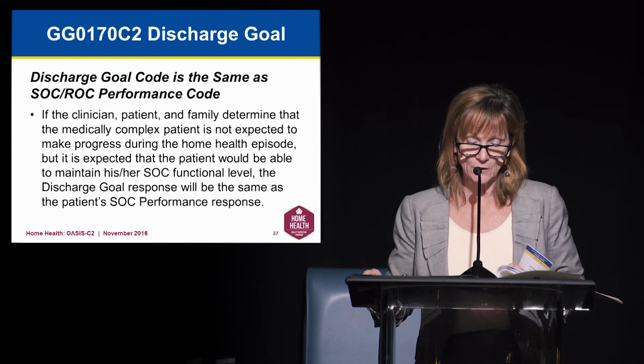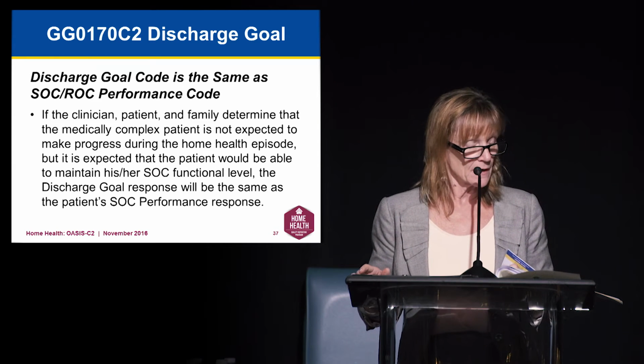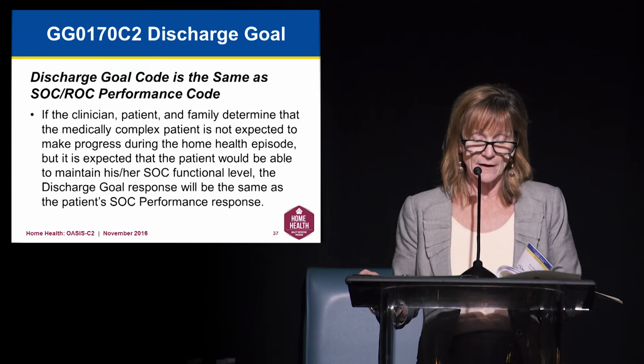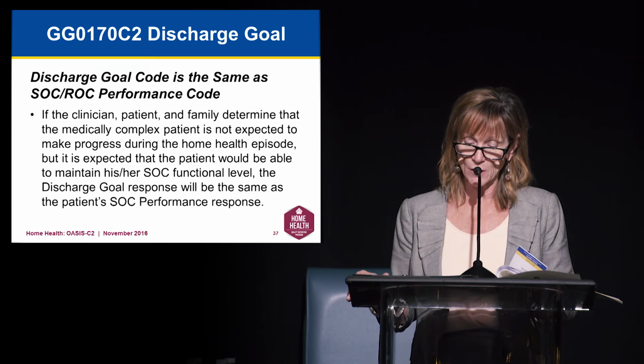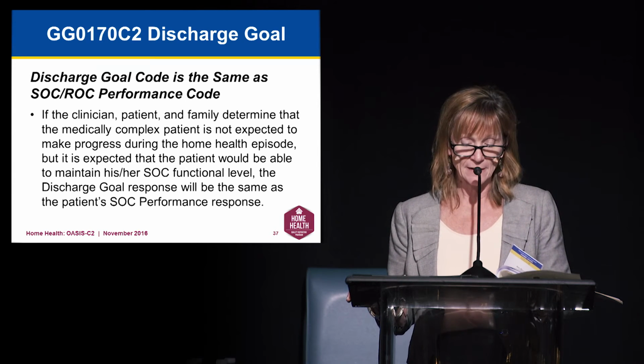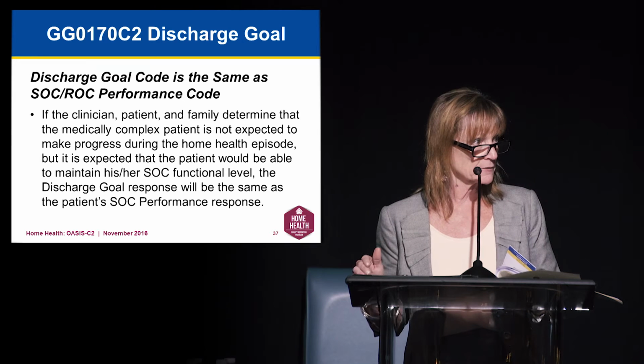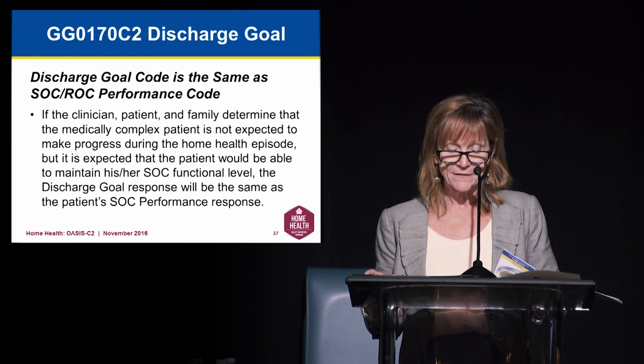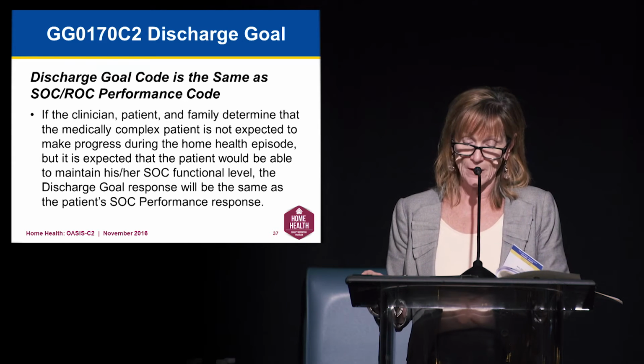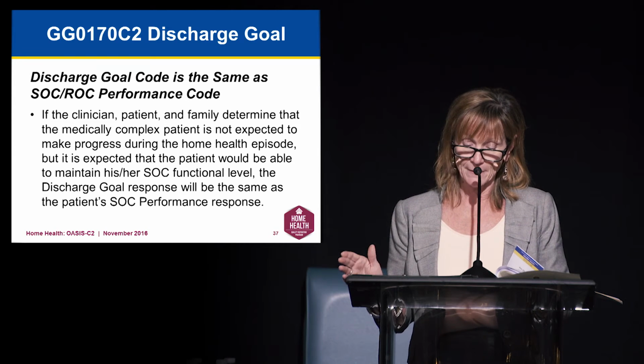The discharge goal code being the same, there are instances when your nurses, the clinician, talk with the patient and the family, and they determine that due to the medical complexity of the patient, they are not expected to make progress during the home health episode.